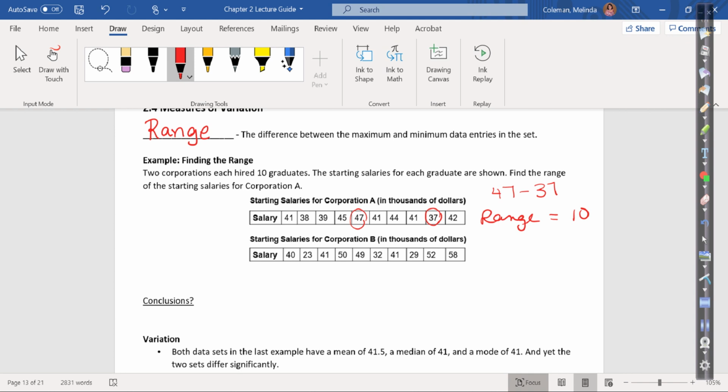If I do the same thing for Corporation B, the largest number is 58. Smallest number is 23. So 58 minus 23 is equal to 35, and so my range is equal to 35. Conclusion? Well, if I look at the two, Corporation A has starting salaries closer together.